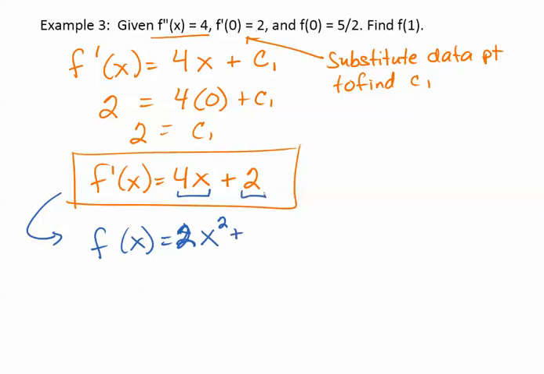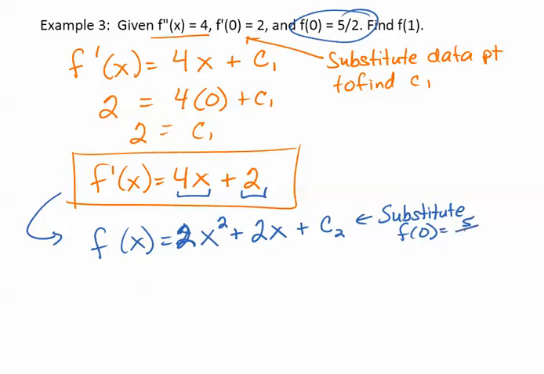And this term 2 must be the derivative of 2x. And then we don't know that that's the function because there could be any constant here. So can we find c2? Well, now we're going to substitute another data point. So notice we're told that f of 0 is equal to 5/2.